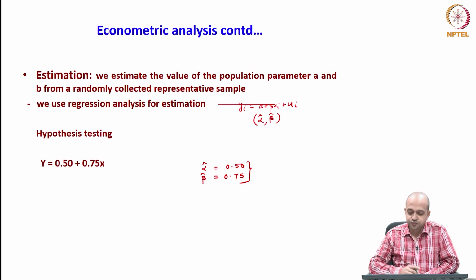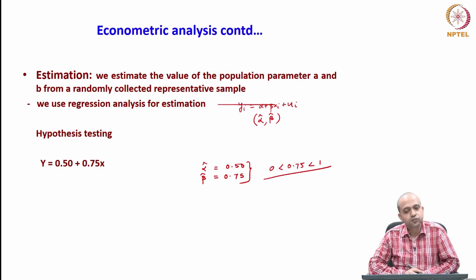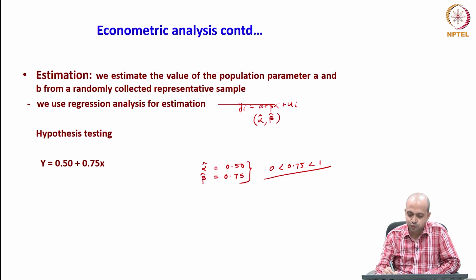And secondly, 0.75 is lying between 1 and 0. So, from this value of beta hat, we can say that the properties of the Keynesian consumption function are satisfied, because it looks like this.